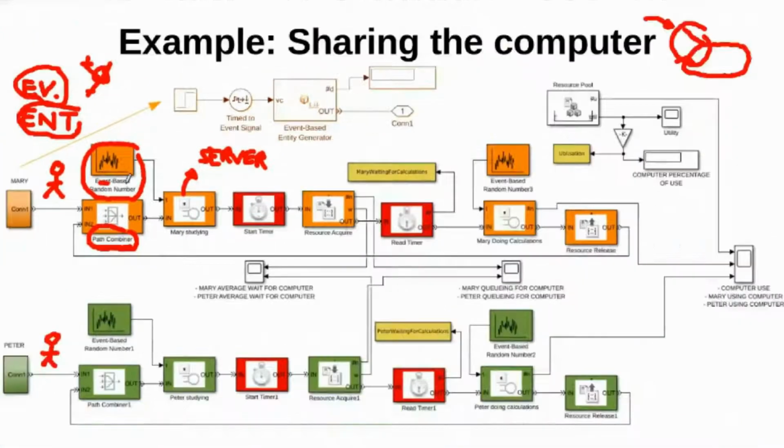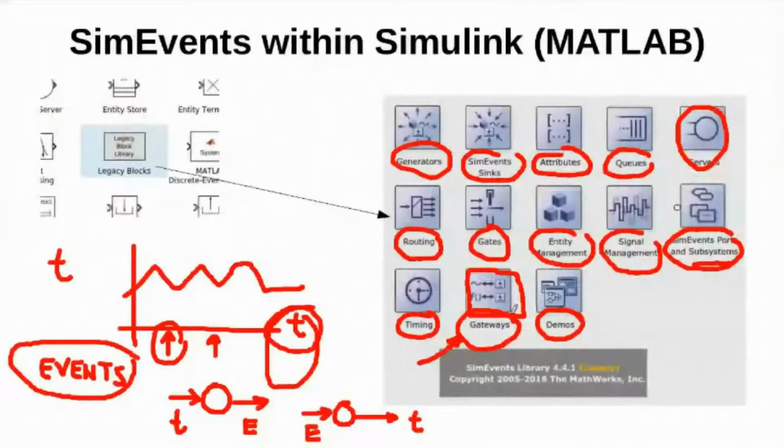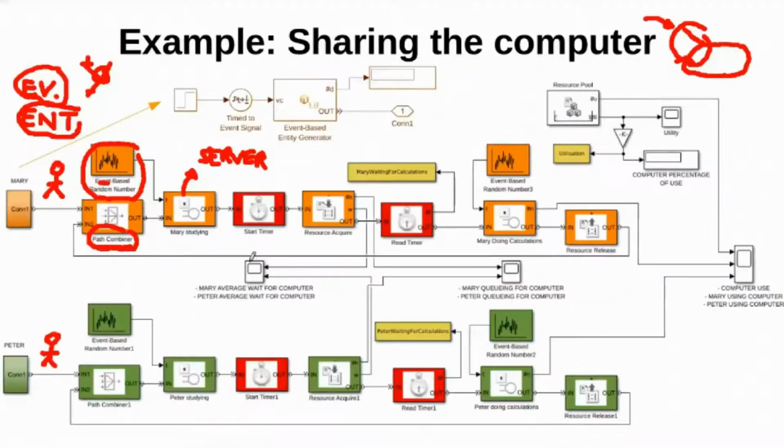You remember that previously I have talked about these gateways. You remember? In a simulation model, we have timed signals and event signals, okay? So this probability density function in here, this random number, will get out a value, a number in here when a new entity arrives.